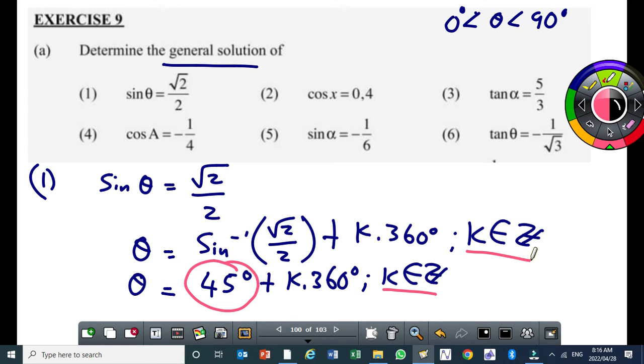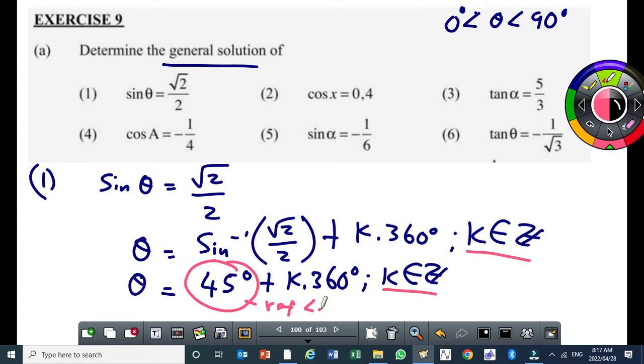Right, so this 45 degrees is our reference angle. It has got another angle which is in the second quadrant, which is obtuse, which gives us the same solution or the same ratio if we put it where there is theta there. So this is our first general solution.